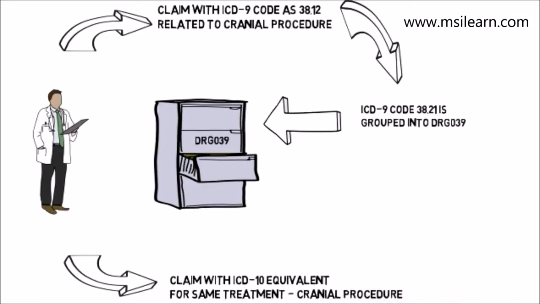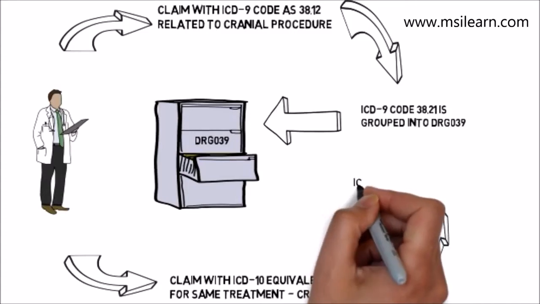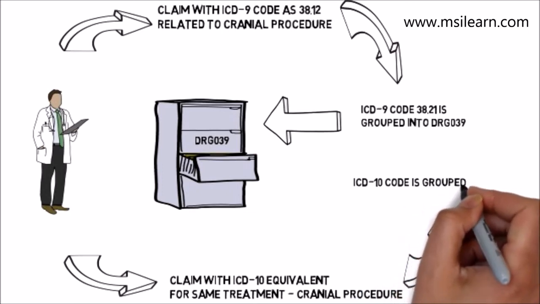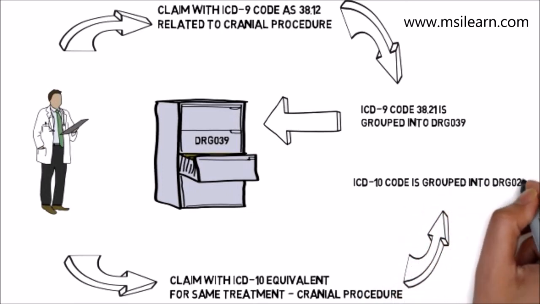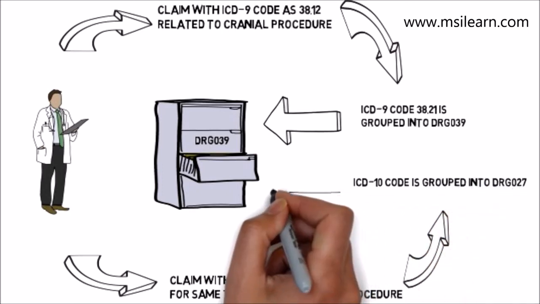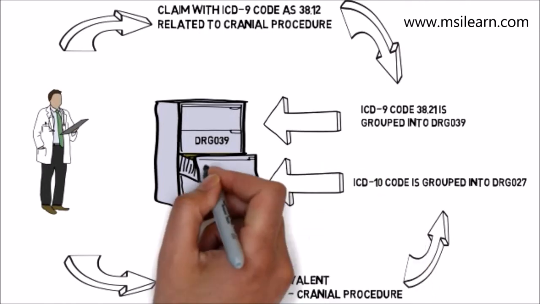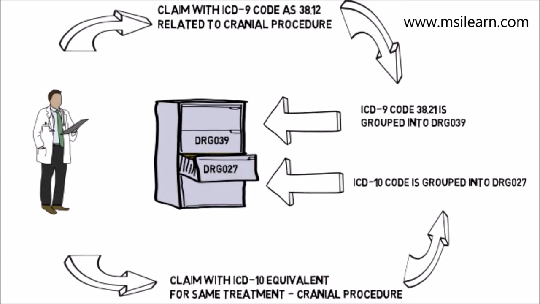So the doctor puts an ICD-10 equivalent of the cranial procedure related claim code and submits this claim to the insurance company. Now the insurance company takes this ICD-10 code and groups it into a DRG again. But this time, since it's a different code, it gets grouped into DRG 027. It doesn't get grouped into DRG 039.